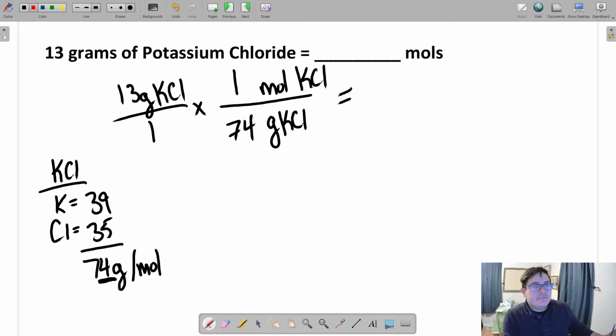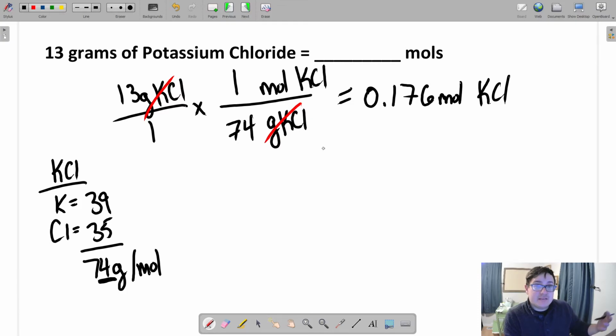All right. These units cancel out as usual. So what I get is 13 divided by 74. And this gives me 0.176 moles of KCl.